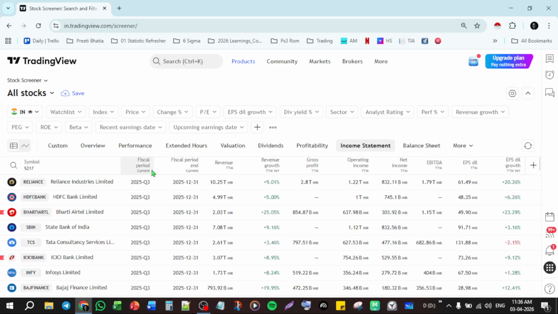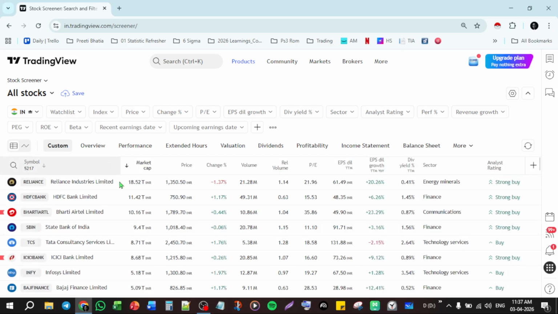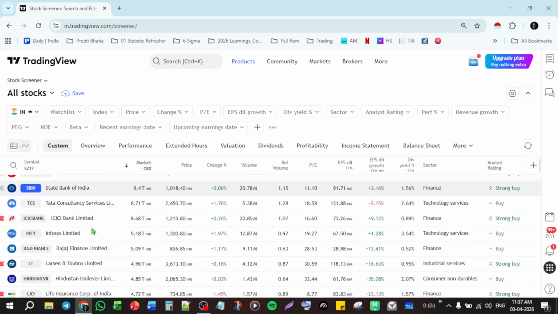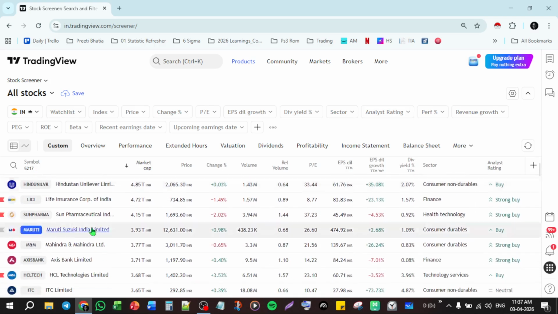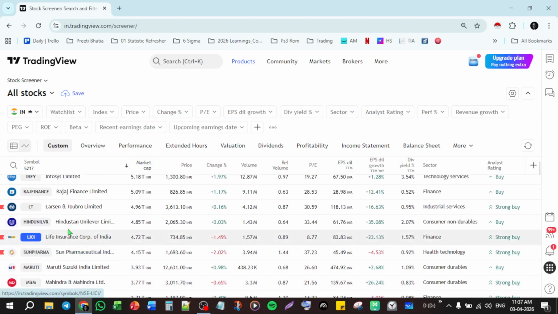It will tell you the fiscal year, what they have done, everything like profit, EBITDA. I don't like this. What I do is I come back to my custom screener, because I have everything in market cap. I'm going to select a company which, let's say, we've never discussed. Let's get into Sun Pharma. It's a 4 trillion market cap. I like it. Okay, let's go to Sun Pharma.